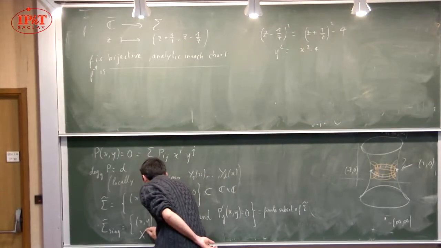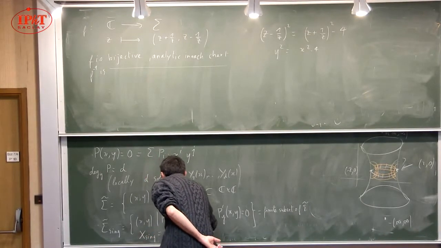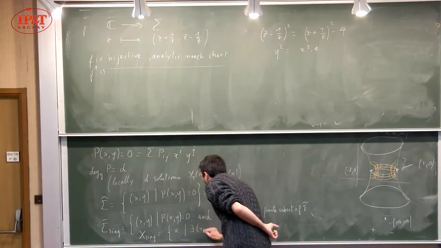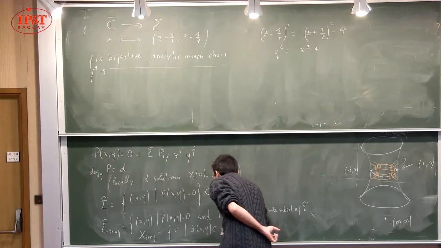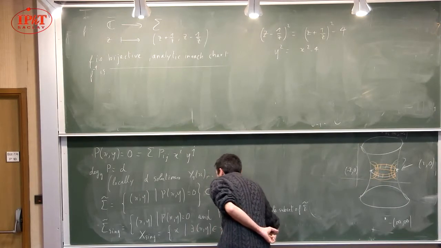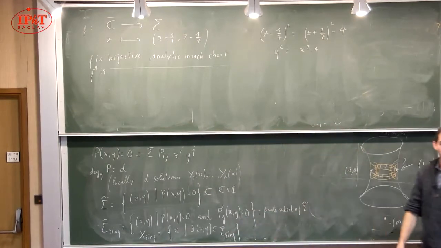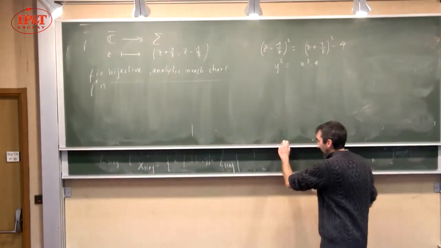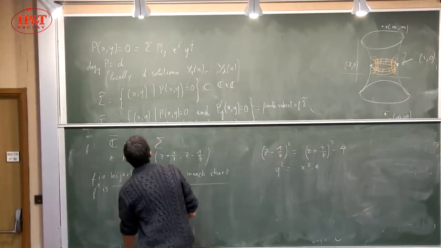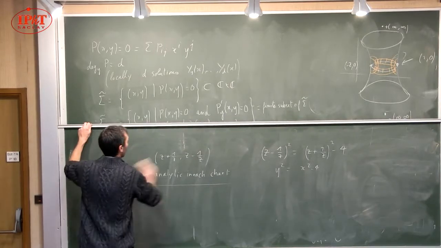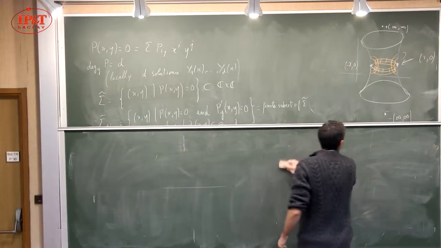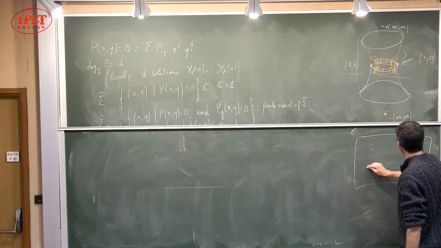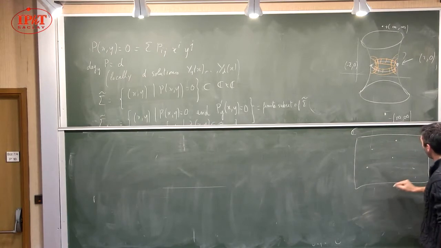And now let me call x thing the set of all x such that there exists (x, y) belonging to sigma tilde thing. So basically it's the x projection of all the singular points. So somehow you have a complex plane, C, and in that plane you have a certain number of points, that is x thing.